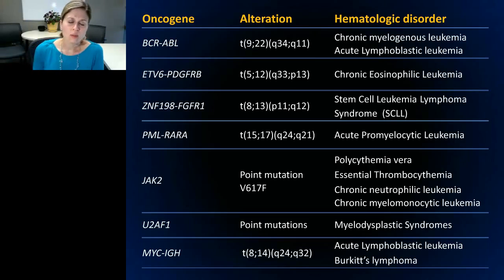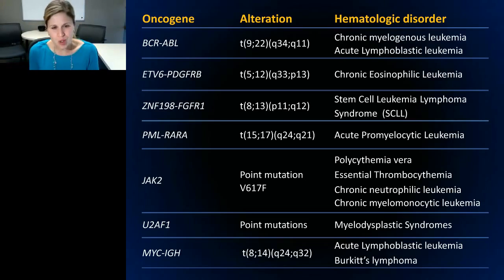Notice that what I've given you first are hematologic disorders. In the next slide, you can see that there are solid tumor disorders as well. But notice that the alteration for these hematologic disorders is oftentimes some kind of translocation. Certainly there are point mutations, and this is a very abbreviated list; it would take 12 PowerPoint slides to put all of these into a list you could actually look at.